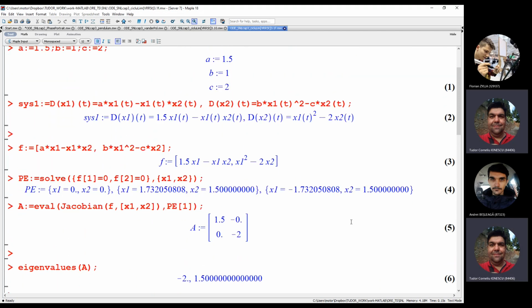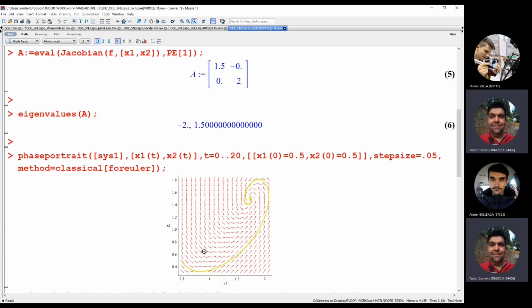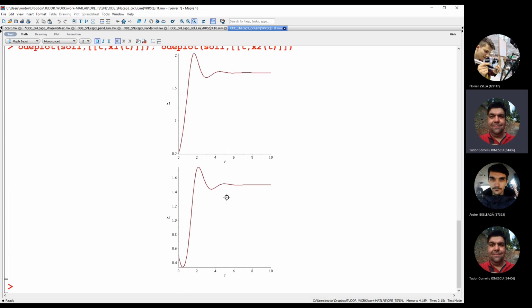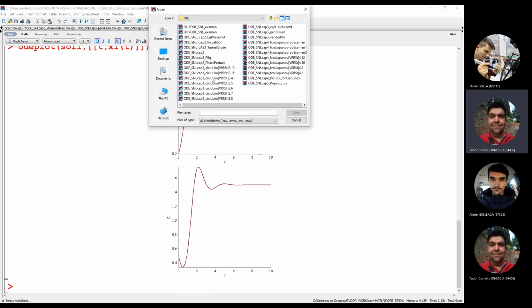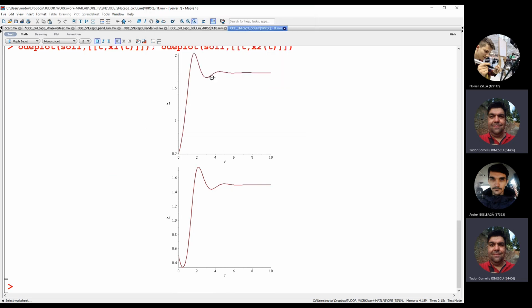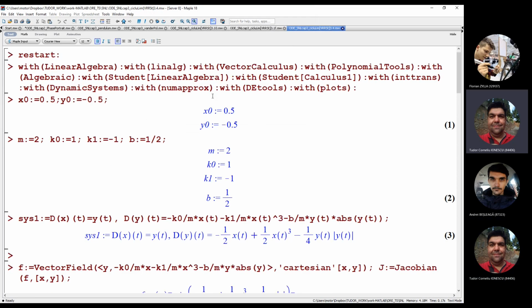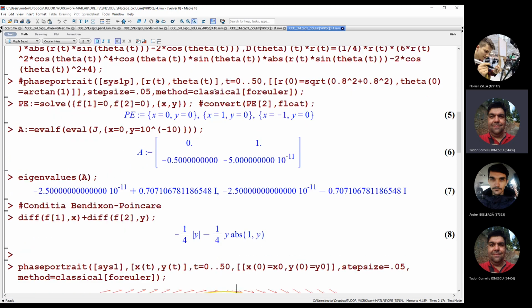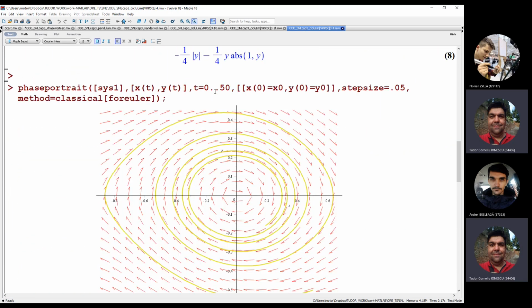Another system, also polynomial. You see, you have here a focus. You can run all these things. And then you have maybe this guy. Equilibrium points. Look, very nice.